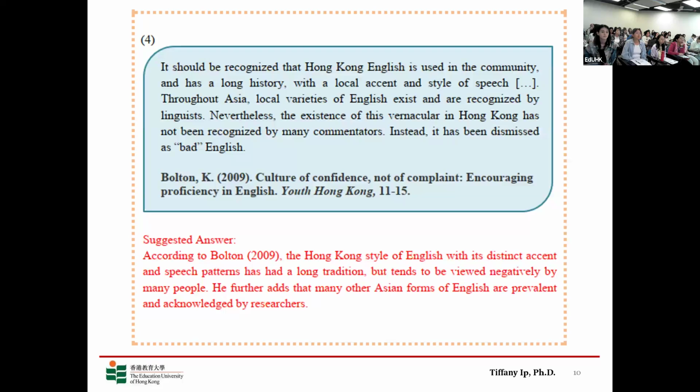Then if you use the phrase he further adds that, of course you can still mention the citation at the end, Bolton, 2009. We can have citation in consecutive sentences. It is okay. And sometimes you don't want to do that, and it's obviously still like a linking from what he said before. Then you use this phrase, and you don't need the citation. So it serves two purposes.